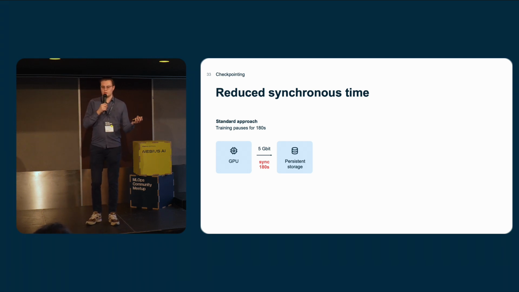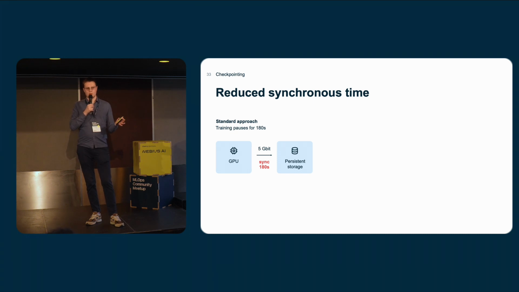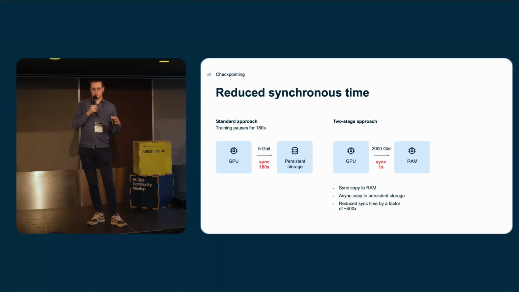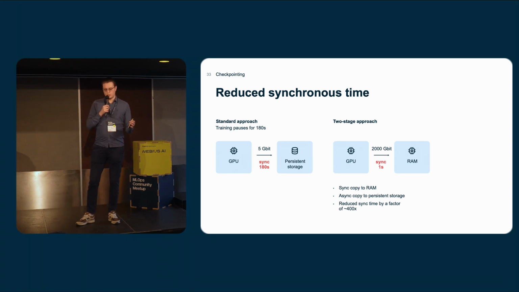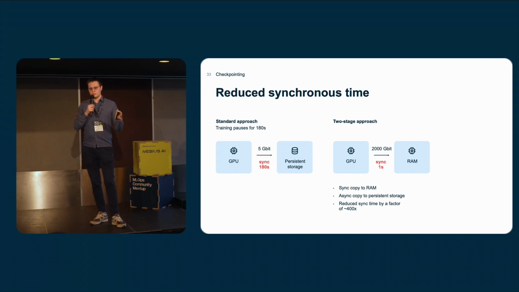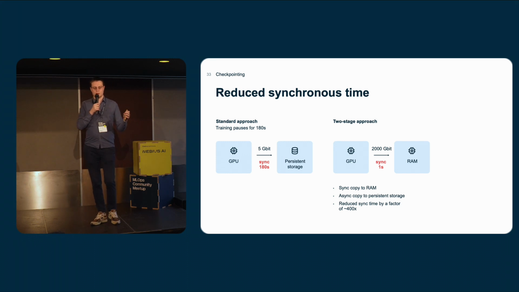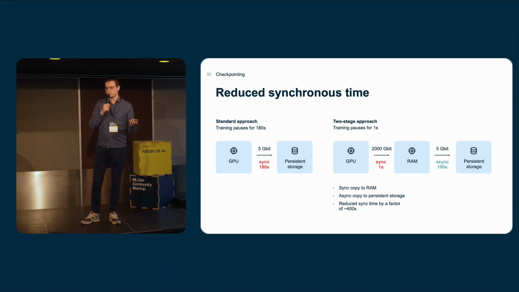So in order to further mitigate this interruption, we have implemented a two-stage approach to checkpointing. During the synchronous stage, we copy the entire training state from GPU to RAM, and this is usually very, very fast, as the interface between GPUs and RAM is measured in hundreds of gigabytes per second.